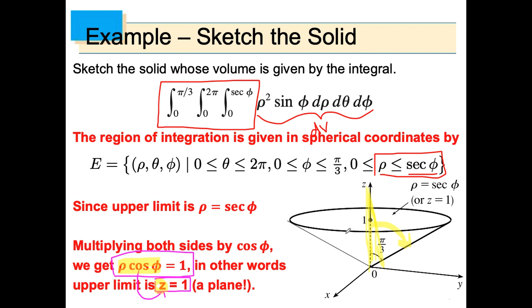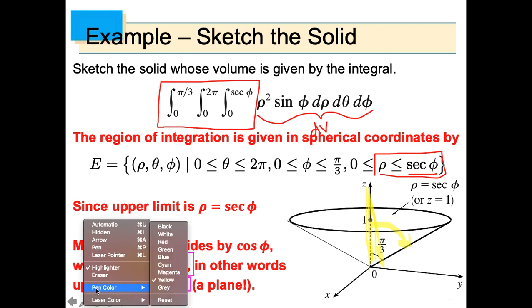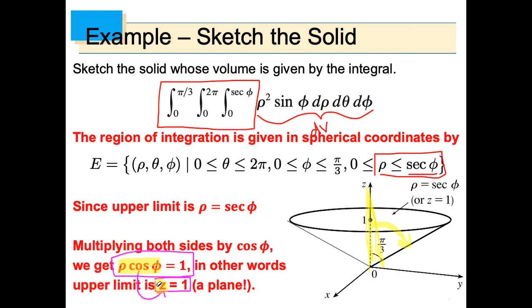In this particular problem, because my upper limit is z equals 1, the cone is truly capped off by this circle on top. Whereas previously it had no limit at the top, here the highest this cone can go is a height of 1. So what you see is what you get.